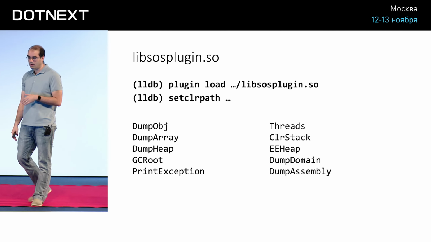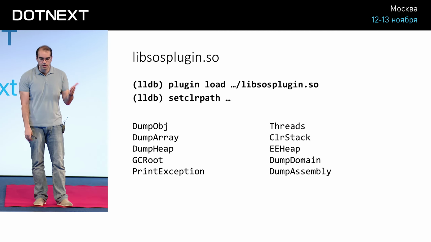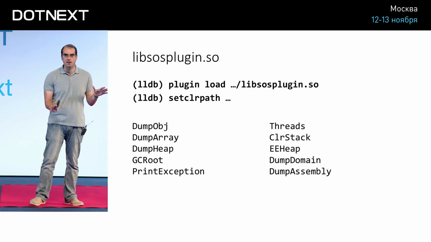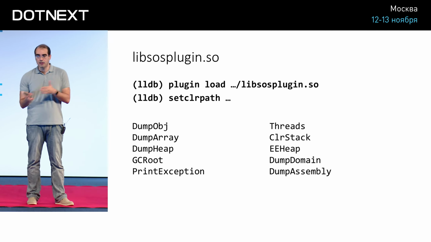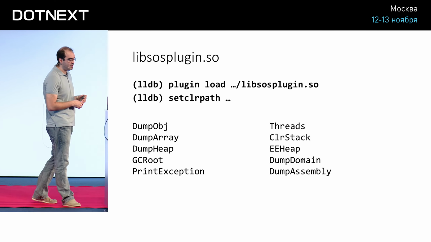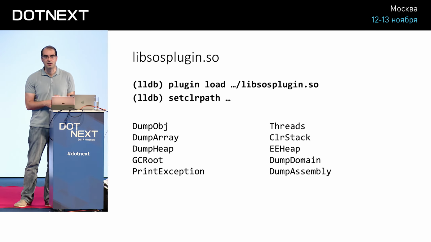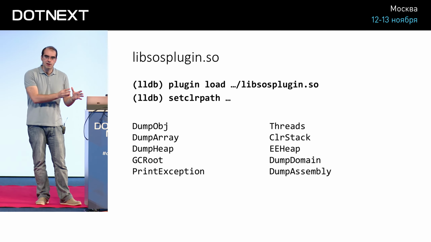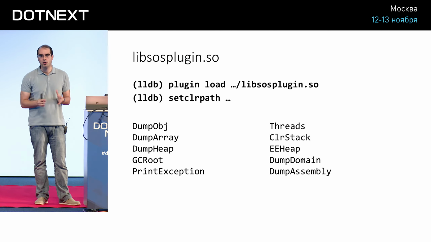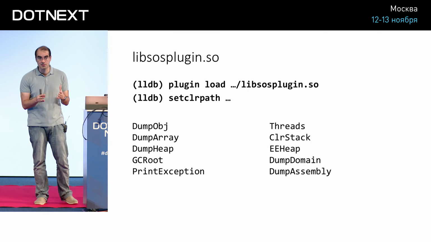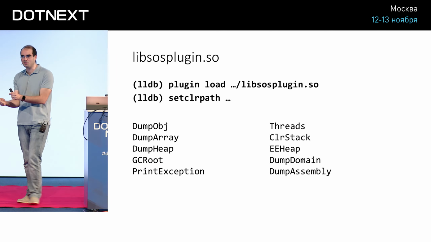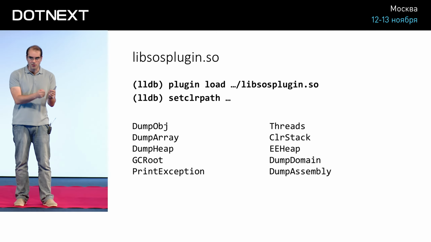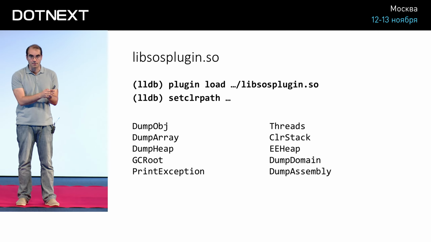Likewise, on Linux, we have LLDB, which is a general command line debugger. It doesn't understand .NET code, but we have a plugin called libSOS plugin, which does understand managed code. By the way, libSOS plugin and SOS on Windows share the same code base and the same commands.